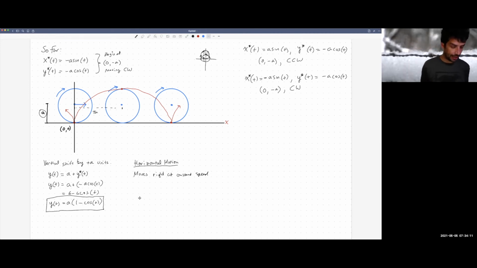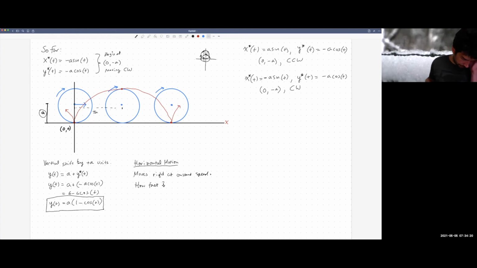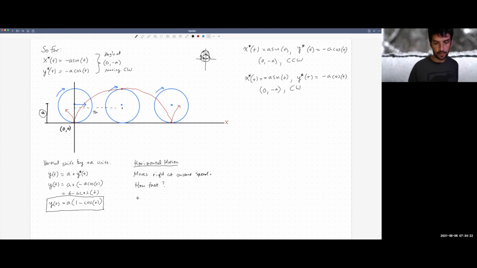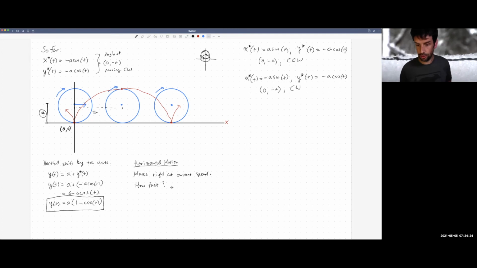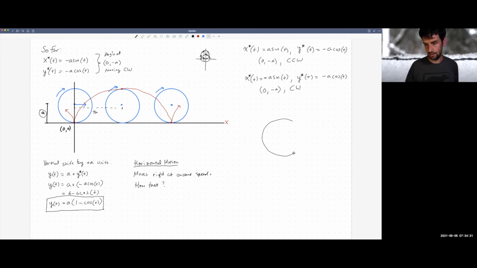So how do we figure out how fast? Well, let's think about it this way. So let's do a little drawing. All right, here's our wheel.